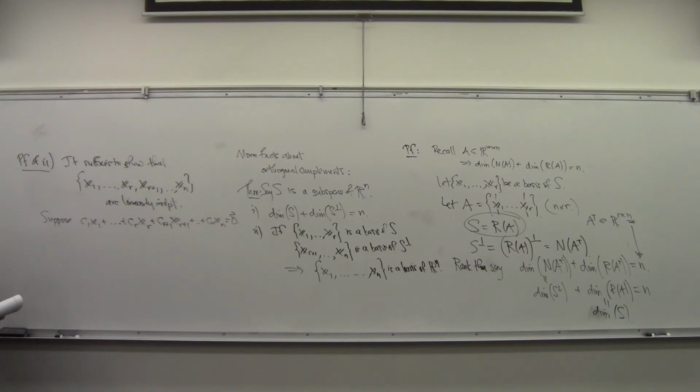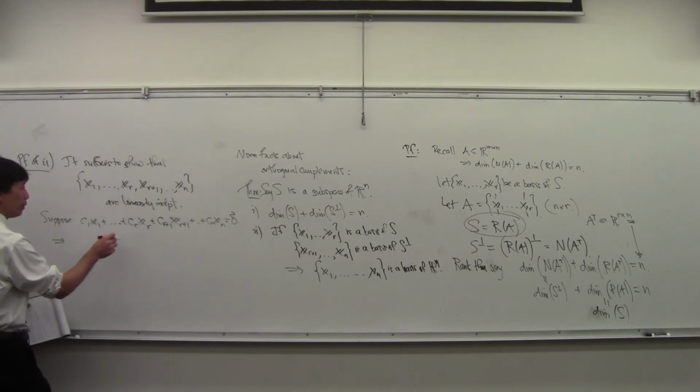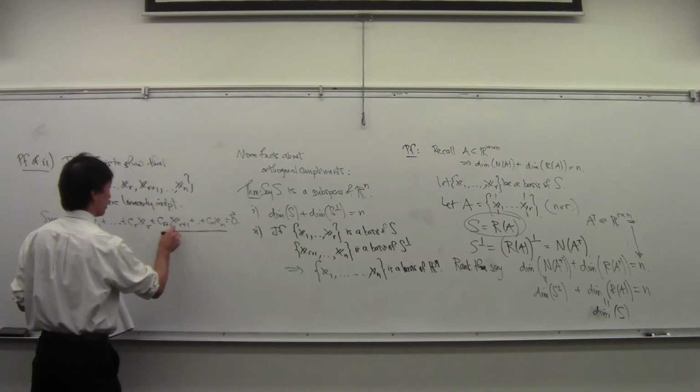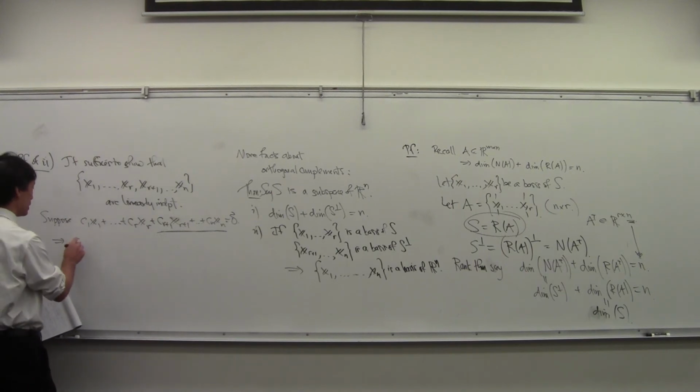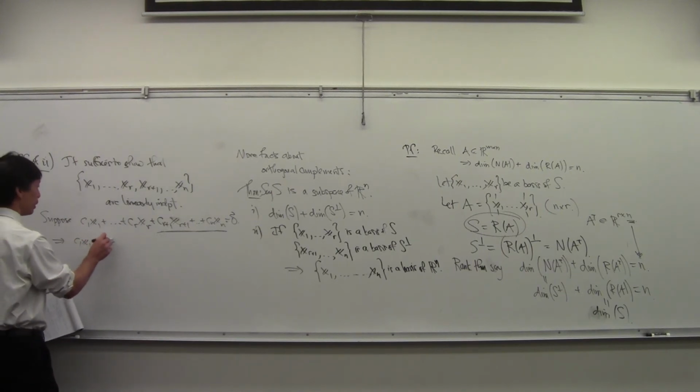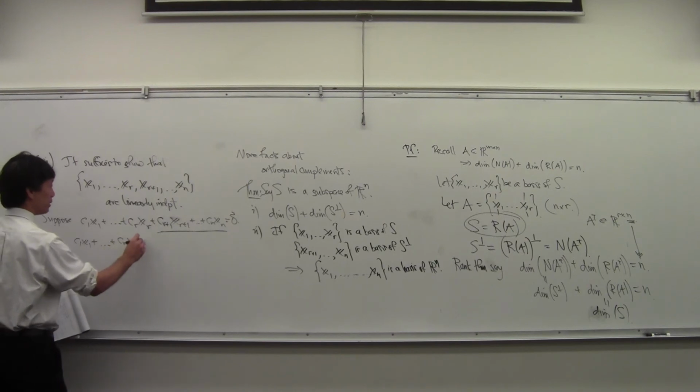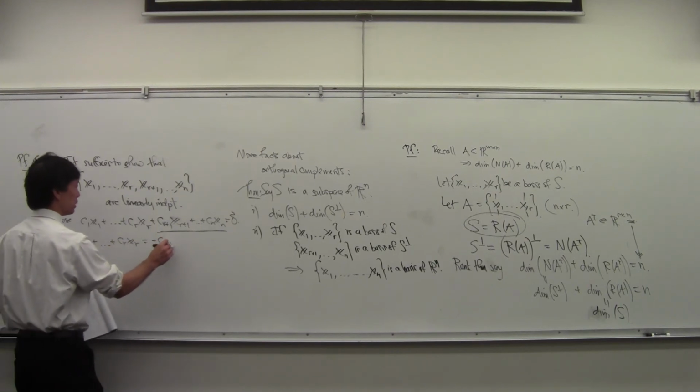I want to see that all the coefficients are 0. We play a trick. We separate the bases: we keep everything from one basis on one side, and we move everything from the other basis to the other side.